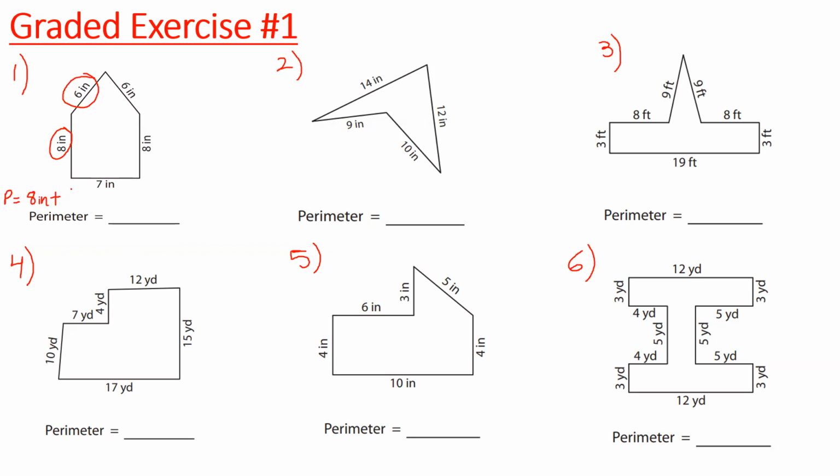Plus 6 inches. 8 plus 6 is 14. Plus what else? Plus 6 is 20. Plus 8 is 28. And plus 7 is 35. So 35 inches, centimeters, or feet?